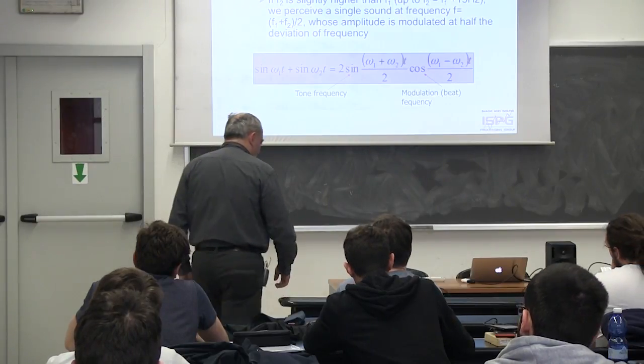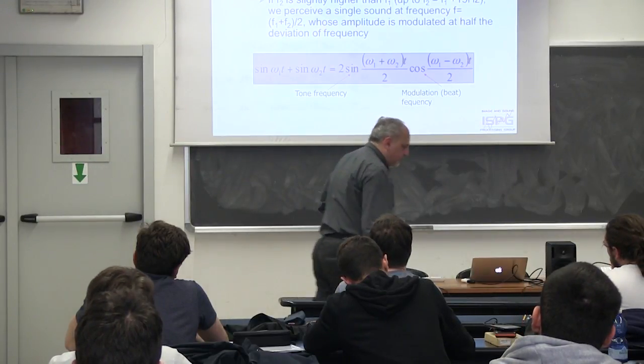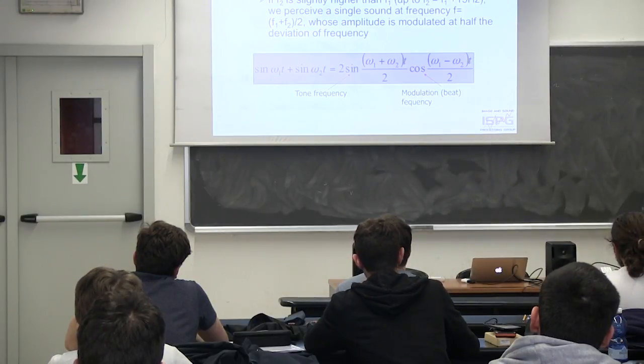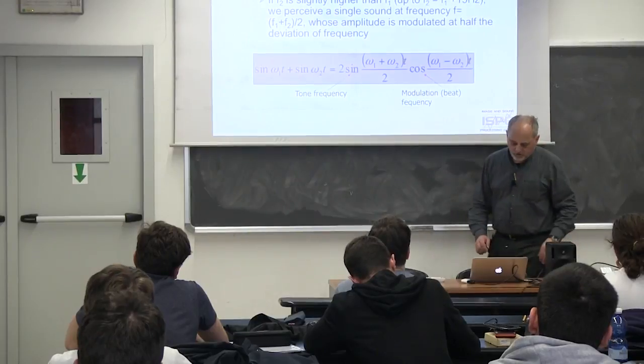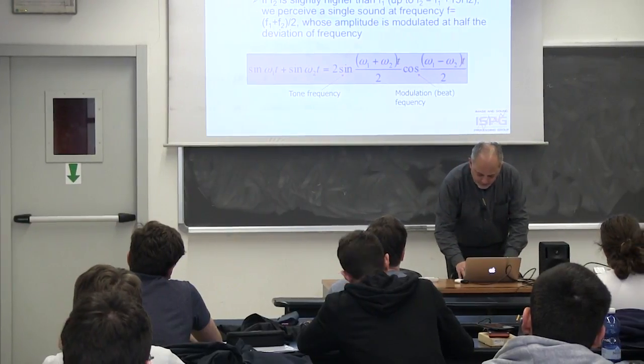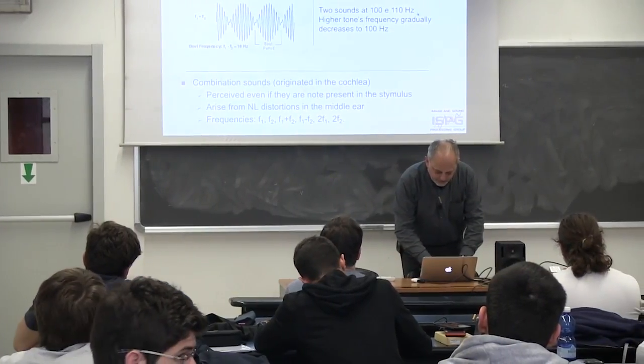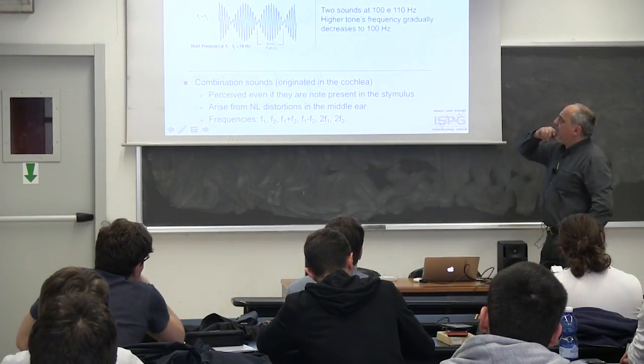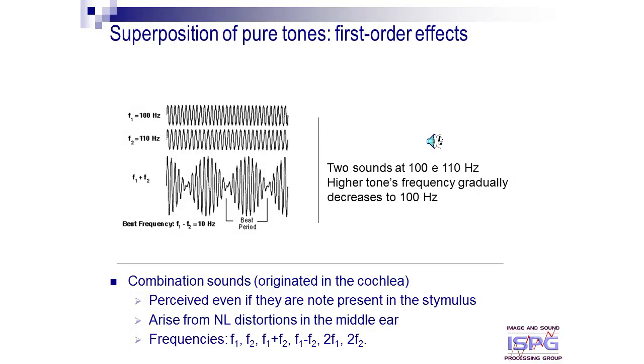I have an example here, which I hope I'll be able to play because I didn't test it before the beginning of the class. There is a door open, so I don't know if it works, but let me try. Here's what I'm going to play. We have 100 and 110 hertz, exactly what I mentioned a minute ago.